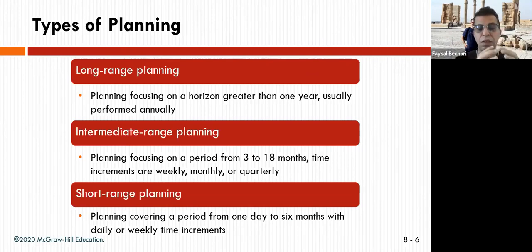So it's not a whole year and 6 months; it's like every 3 months for 6 times, for example. And then you have short-range planning, which covers a period from 1 day to 6 months, with daily and/or weekly time increments.